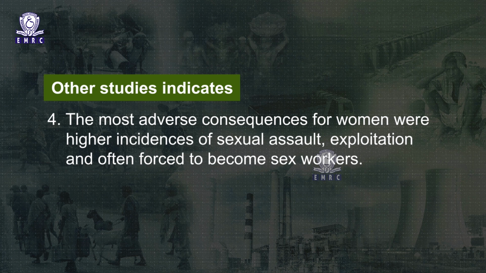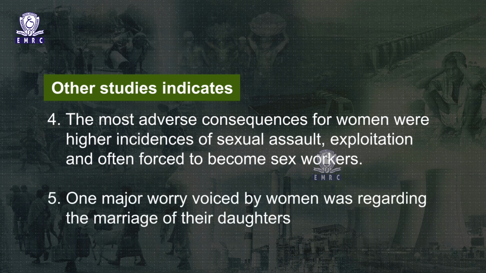Fourthly, the most adverse consequence for women were higher incidence of sexual assault, exploitation and often being forced to become sex workers. And fifth, one major worry voiced by women was regarding the marriage of their daughters. Some new traditions have been reported. Earlier, there were no traditions of dowry, but now it has become a fashion.